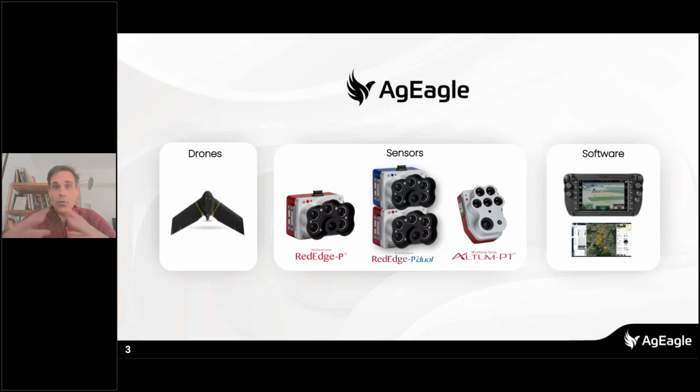So AgEagle, that's the mother company of MicaSense, already since many years. Besides the cameras, we also make the SenseFly drones and some software as well, both for flight planning and ground control station, but we do not make stitching software. So the MicaSense cameras are still quite drone agnostic and software agnostic.